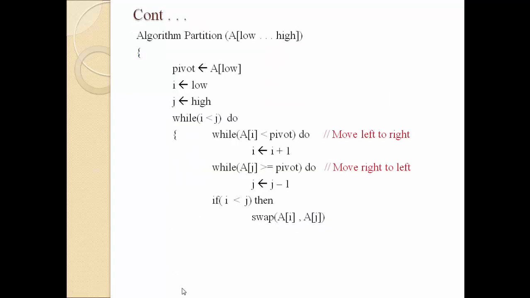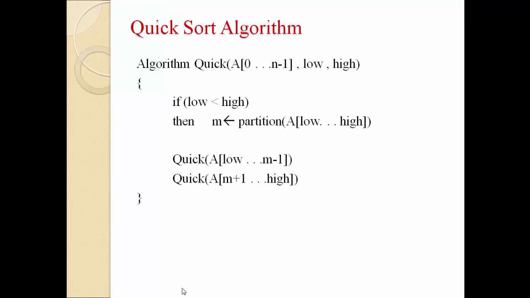Then after that, the same algorithm will be called. Once we get the correct position of the pivot element, then we have to call the same function for the first part and the second part, because we get the pivot element in the middle. So the left part is always less than the pivot element and the right part is always greater than the pivot element.